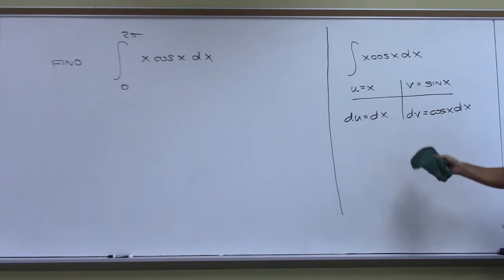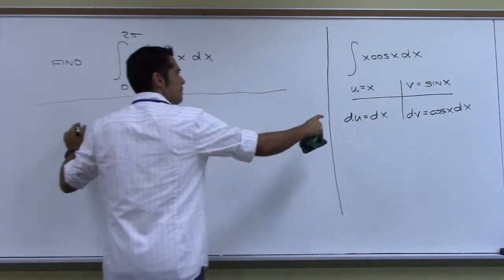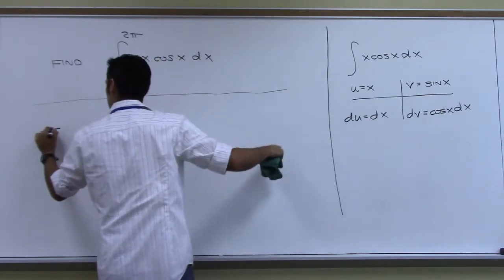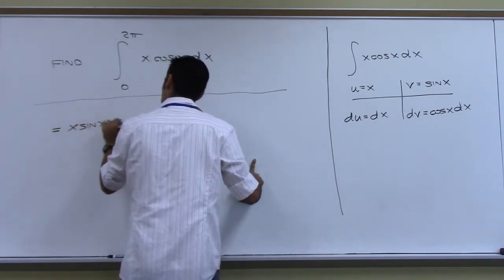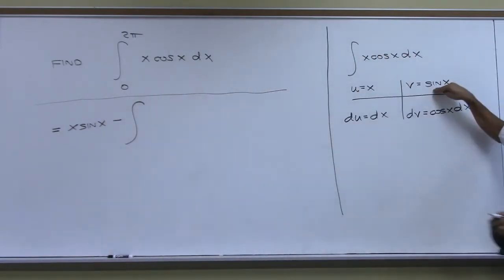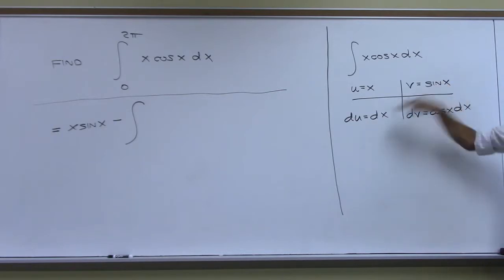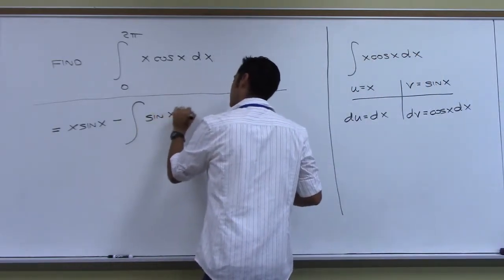And so this part, I'm not working with this yet, right? I'm still over here. This integral becomes equal to uv, x sine x, minus integral of v du, right? Which is sine x dx. And now you have to be able to integrate sine.